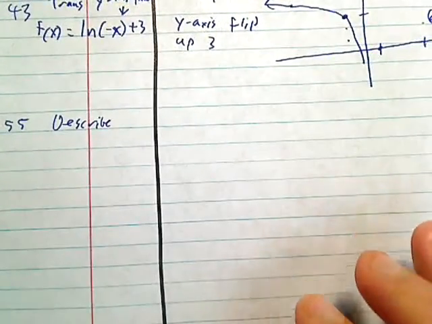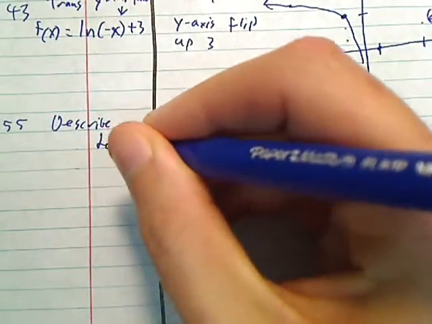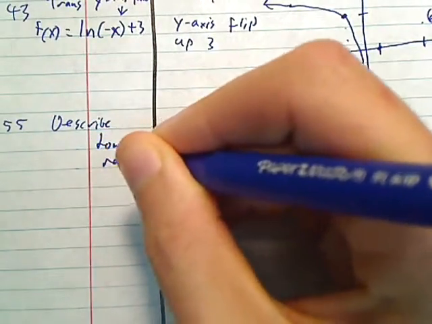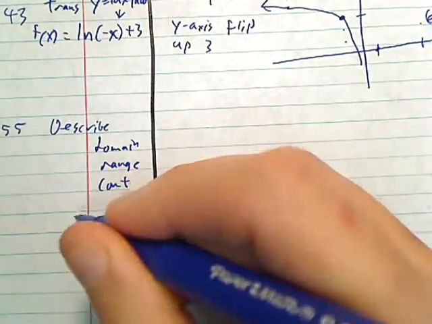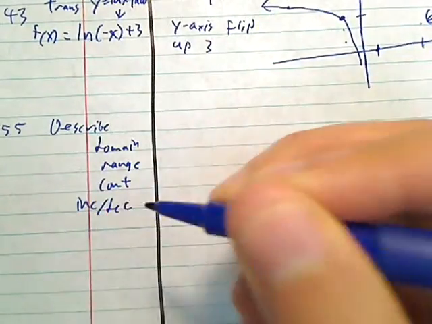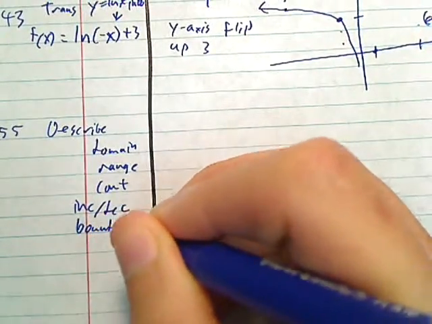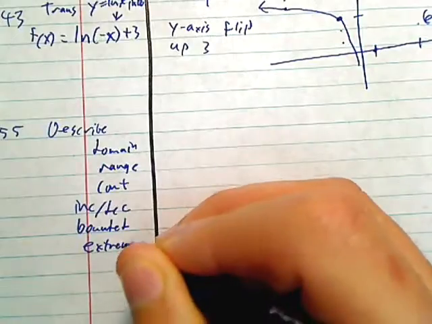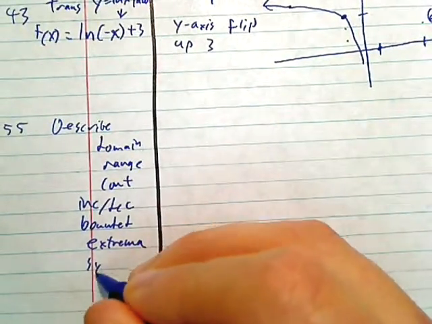So it is domain, range, continuity, increasing or decreasing, boundedness, extrema, symmetry, asymptotes, and end behavior.